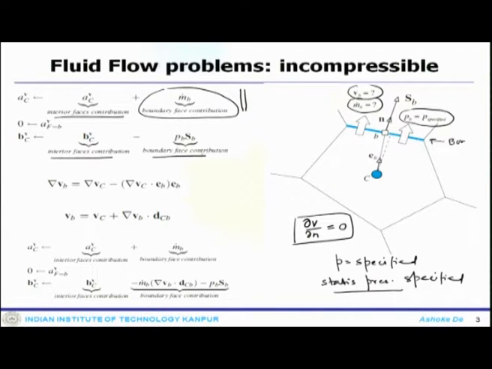So, A_C plus m dot B, and B_C, the source term, has contributions from all the interior faces and the boundary face contribution. That is how it turns out.